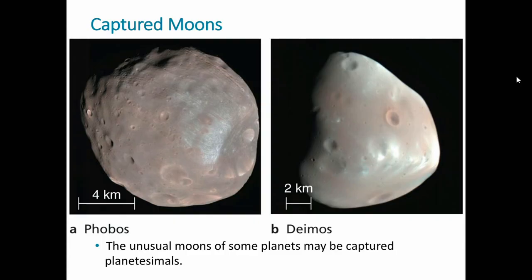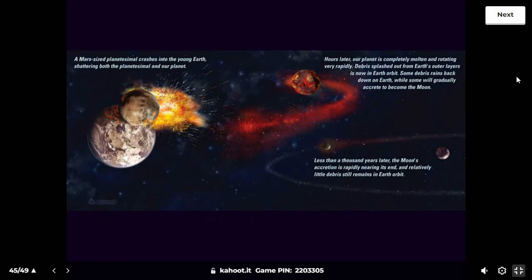In this case Mars captured them, but you could imagine something this big also just hitting the surface of a planet. And we think that's exactly what happened to the Earth.